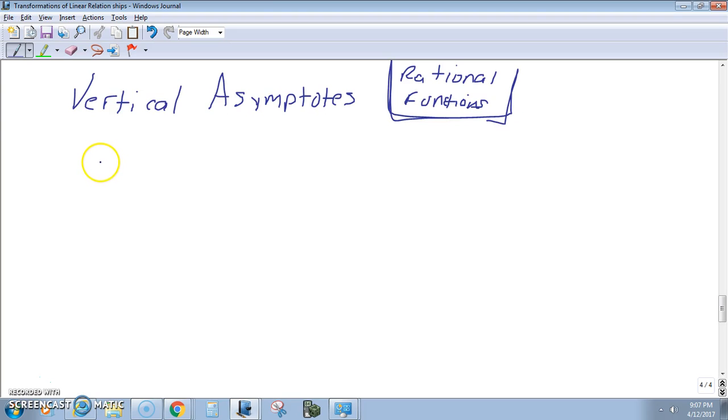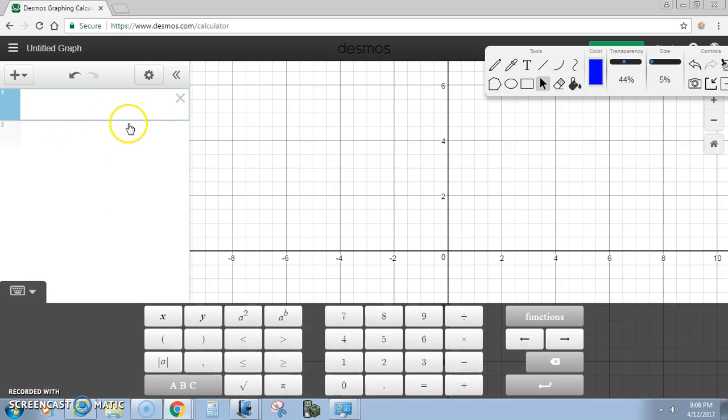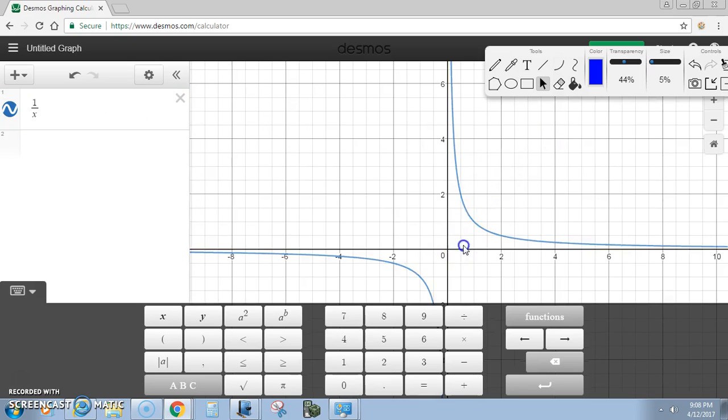So going back to one of our basic fractions of polynomials, like if I just have 1 over x, the vertical asymptote is where that function does not exist, but it's going to get super, super close to it. So if I graph 1 divided by x, this is what it looks like.